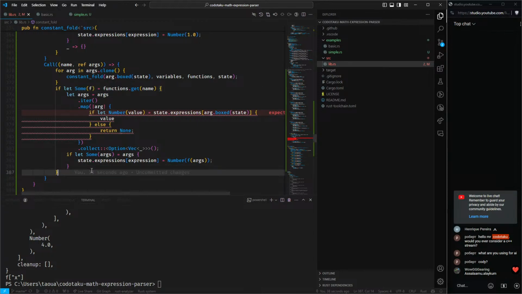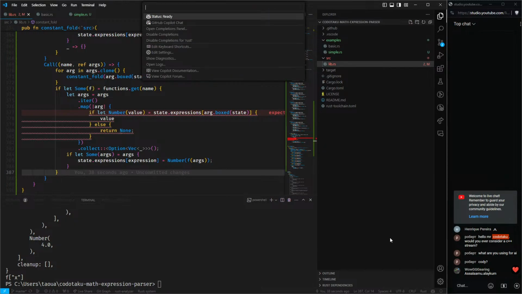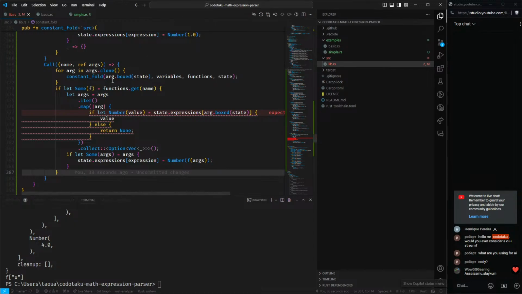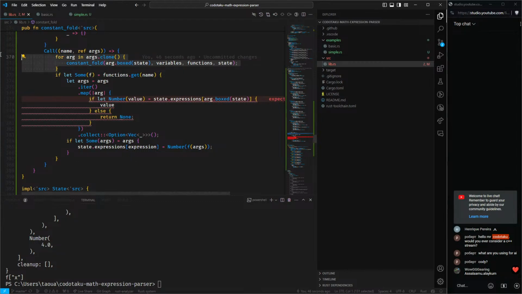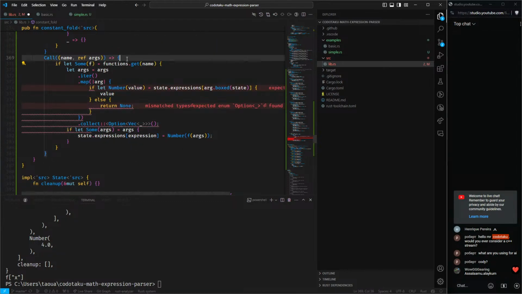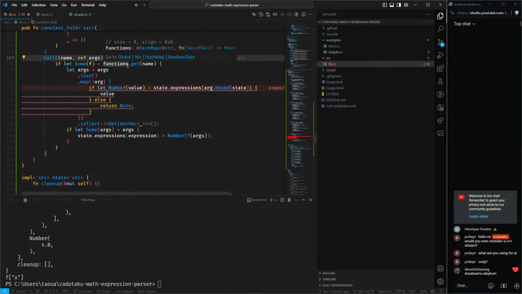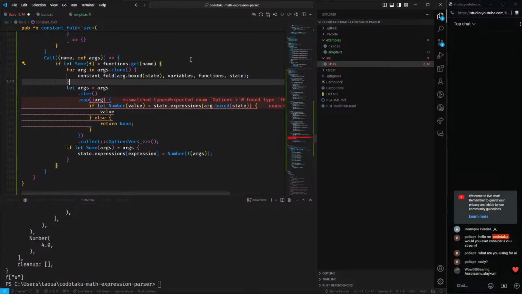Interesting. I would rather do it on my own, honestly, for now. I'm gonna disable completions. So if we do find the function, then we can go ahead and try to constant fold all the arguments. Actually, we can do this here even.